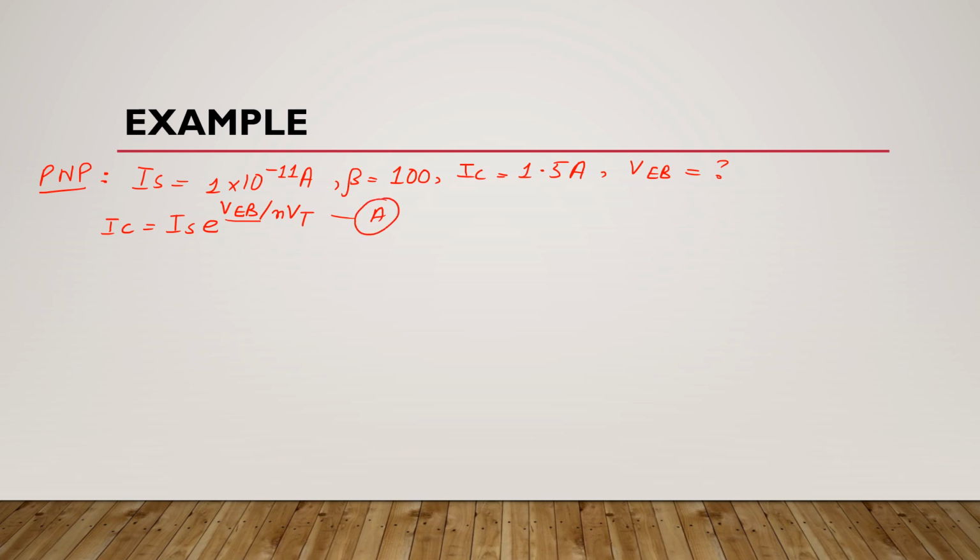We know that here this IC is 1.5 amperes and this IS is 1 into 10 raised to the power minus 11. This VEB is unknown, and again we are taking N as 1, and we know that VT is 25 millivolts.